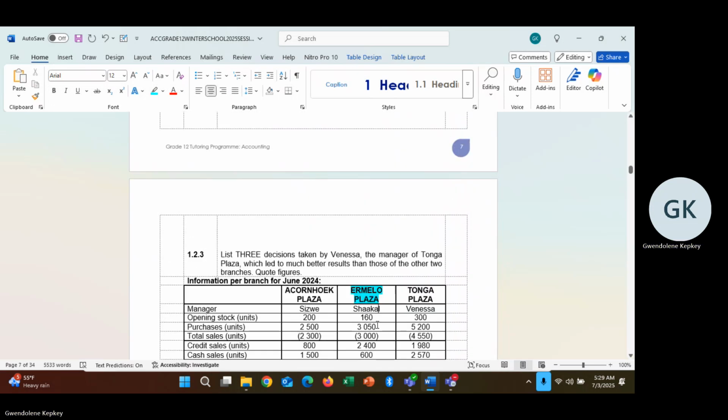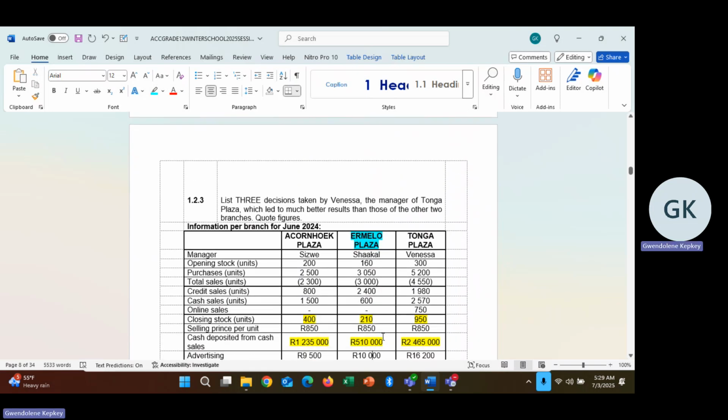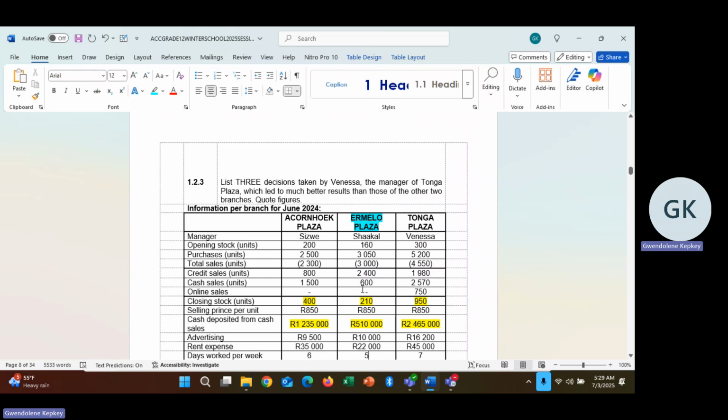So here is my credit sales. Okay, here is my cash sales. Okay, so in total, my sales adds up to 3,000 units.